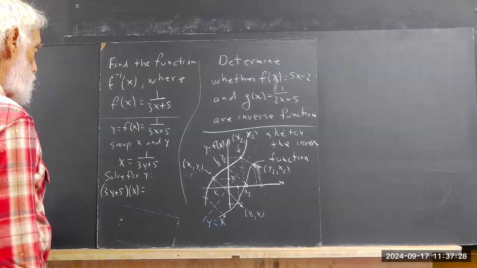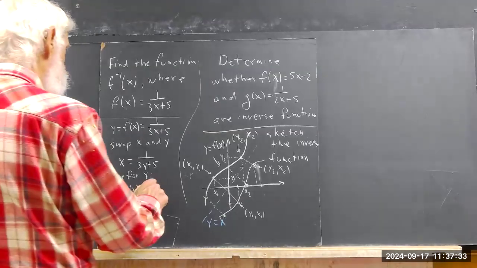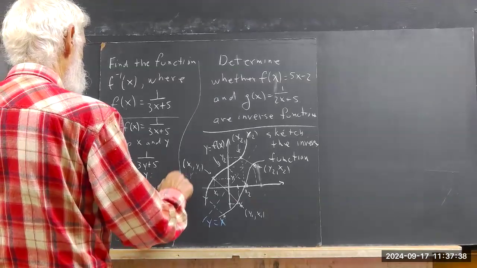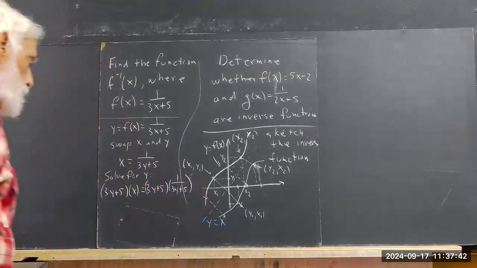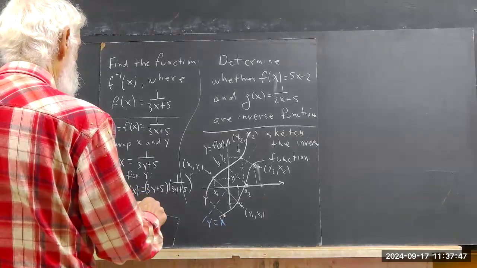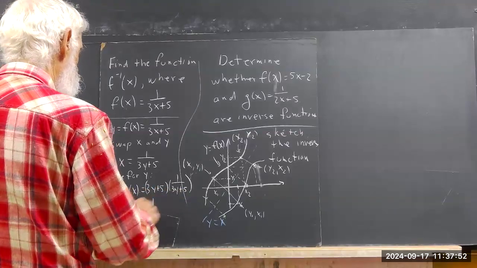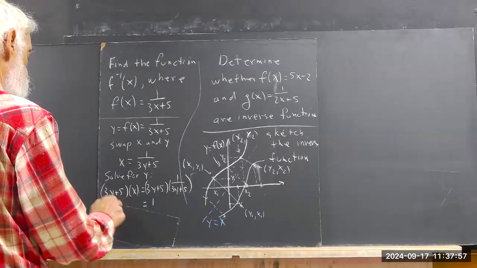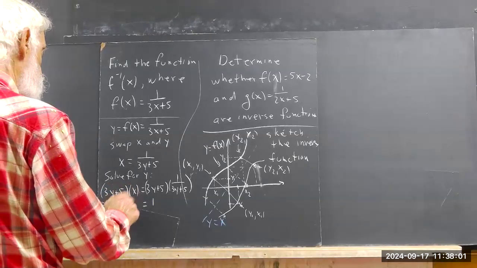We get 3y plus 5 times x equals 3y plus 5 times 1 over 3y plus 5. Well, this is just 1 because this 3y plus 5 is divided into this one. We get 1. And over here, we get 3y times x. We can write that as 3xy, and then plus 5x.